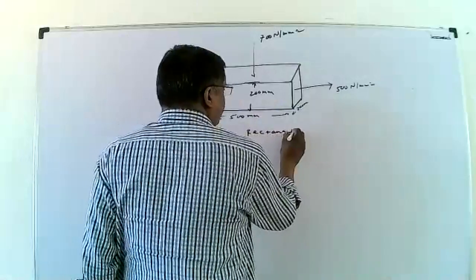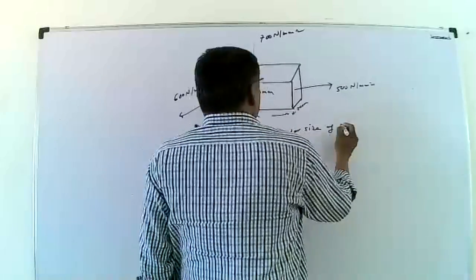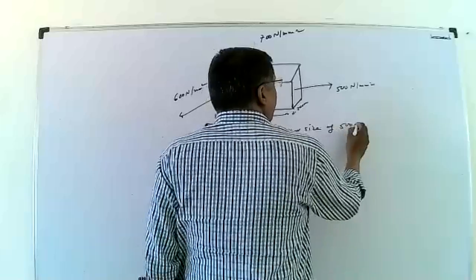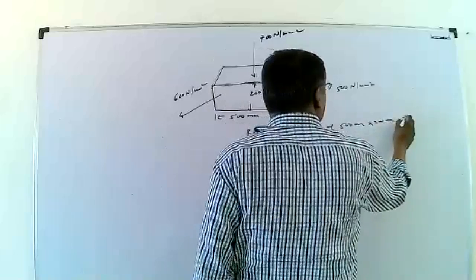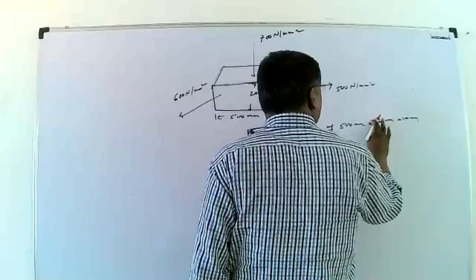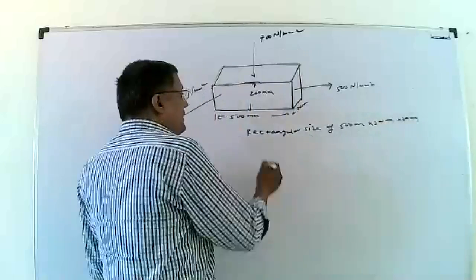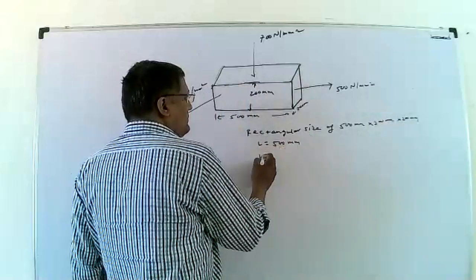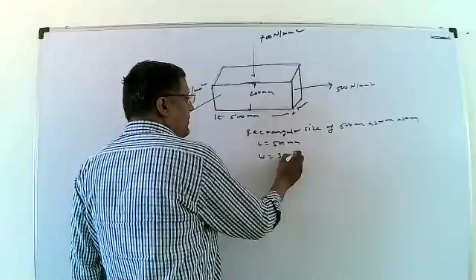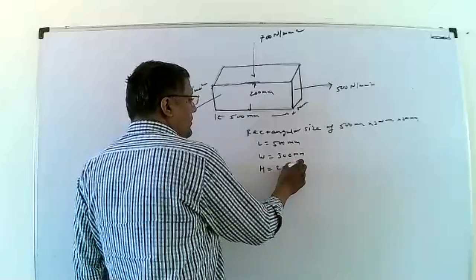Rectangular block of 500 mm by 200 mm by 300 mm. Then length is 500 mm, width is 300 mm, height is 200 mm.